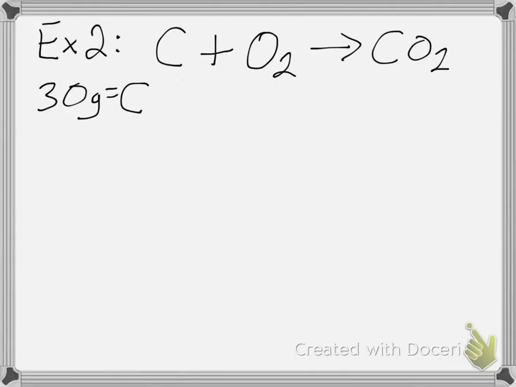Okay, so that's the mass of my carbon, M sub C, and I want to know how much mass of oxygen it will take to completely combust with this amount of carbon.